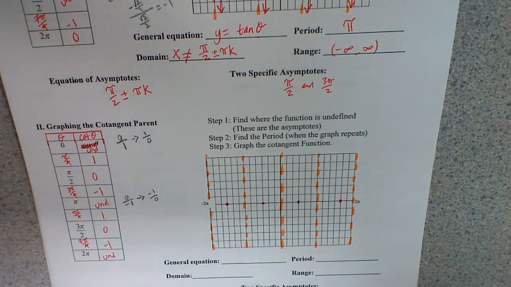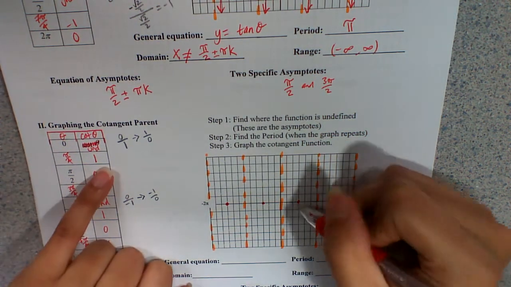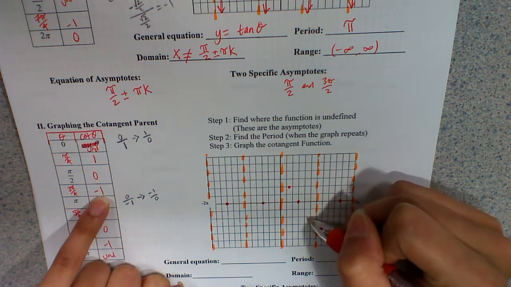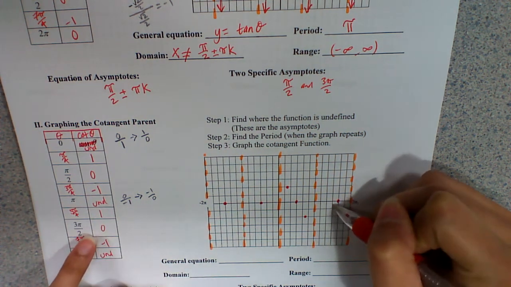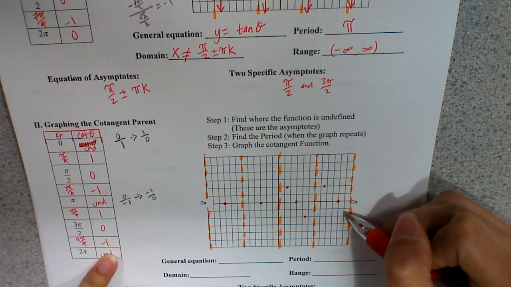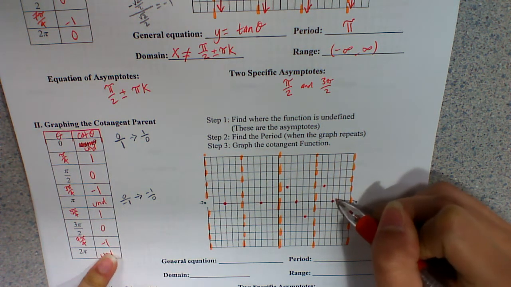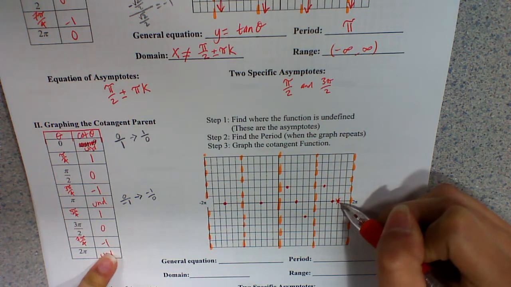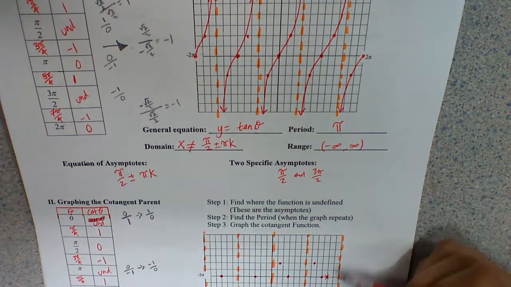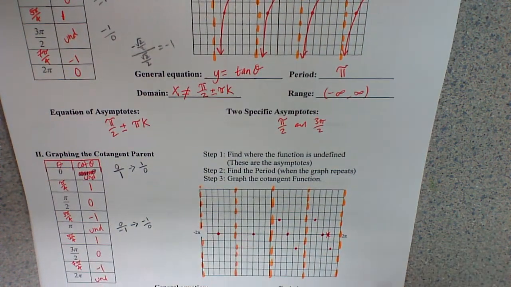So now let me graph those other points that I just put down. Pi over 4 is at 1. 3 pi over 4, negative 1. 5 pi over 4, 1. 7 pi over 4. Oops, I have this point a little bit off. 7 pi over 4 is at negative 1. So if you take a look at that, it's actually a reflection of tangent. It's a horizontal reflection almost of the shape of your tangent function.